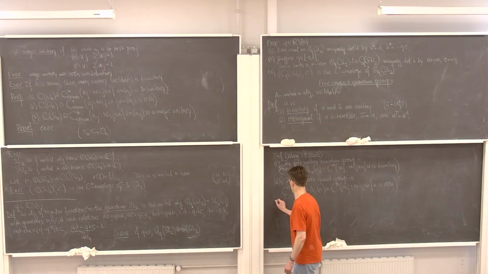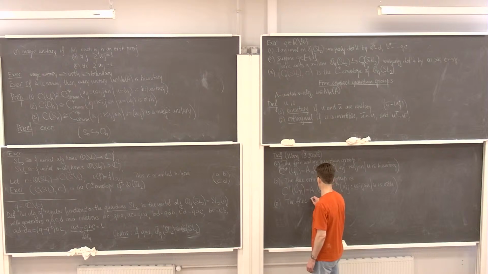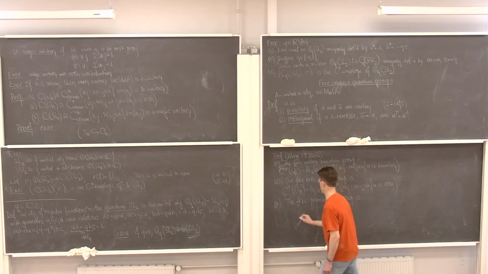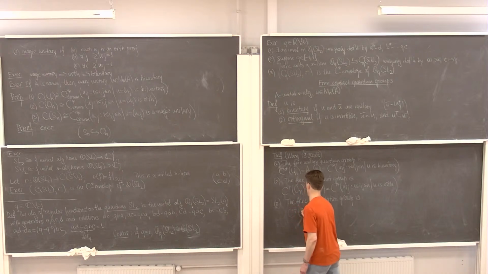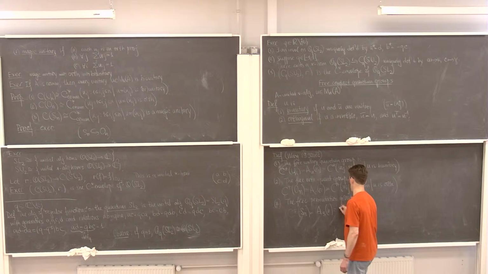And finally, the free permutation group or the free symmetric group is defined to be the universal C-star algebra, AS of n or C plus of Cn, generated by the entries of a magic unitary.